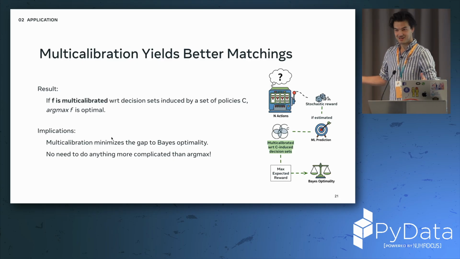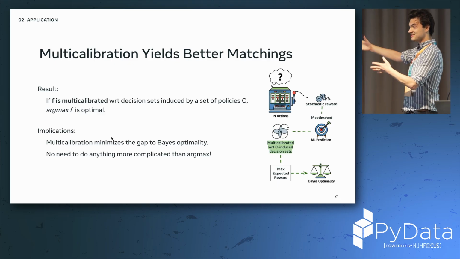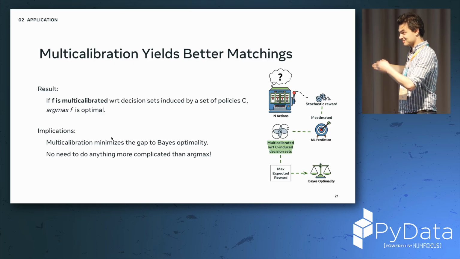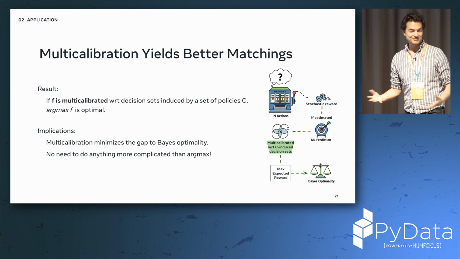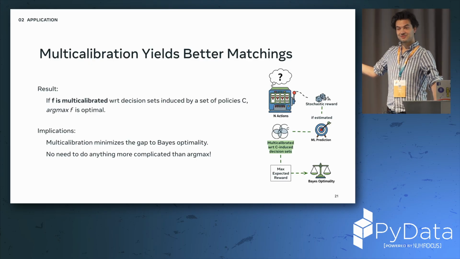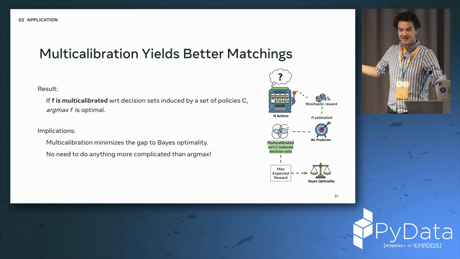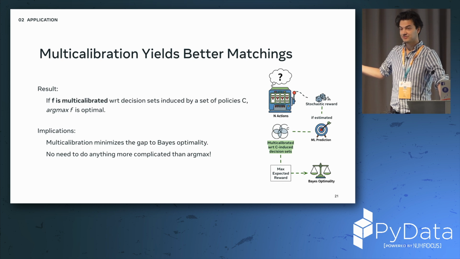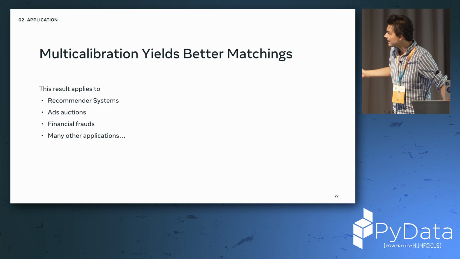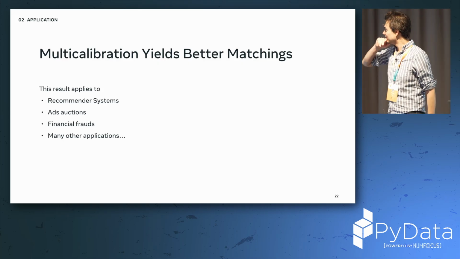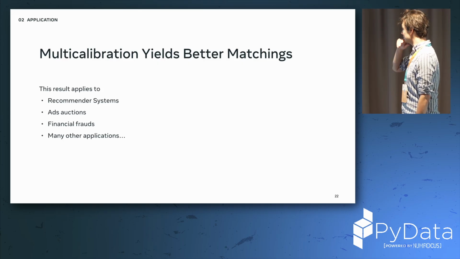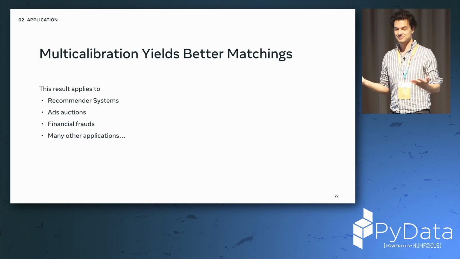This is nice because it seems that for all these three different decision systems that we've seen in the beginning, if we could have these estimated probabilities multi-calibrated, then selecting the actions we should take becomes easy. So this result is abstract in general, but it applies to recommender systems, ad auctions, financial fraud, and so forth.